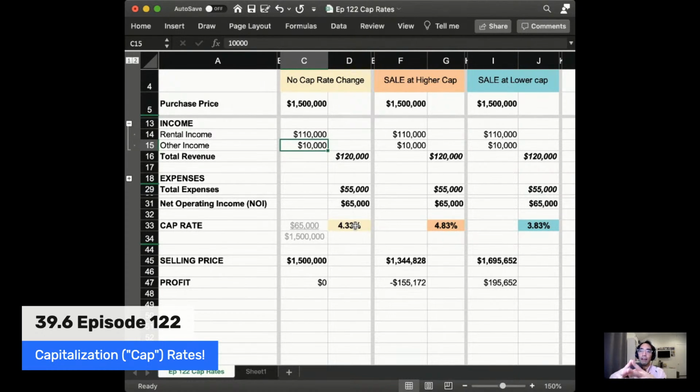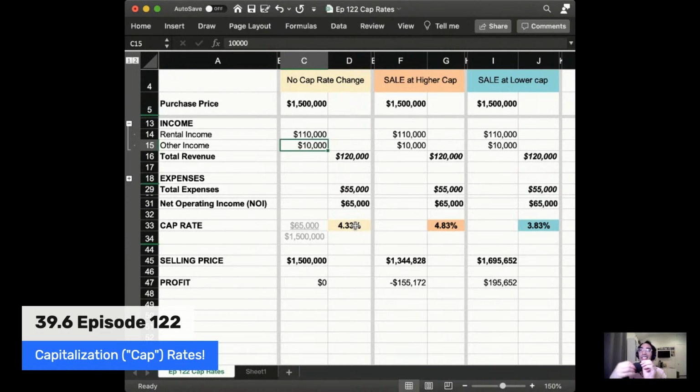So you can have your operating cap rate, and you can have your cap rate compared to what you paid for it and the net operating income that's current on the deal. So if your net operating income has gone up and you divide that by the price you purchased it at, well, you have that cap rate as well.